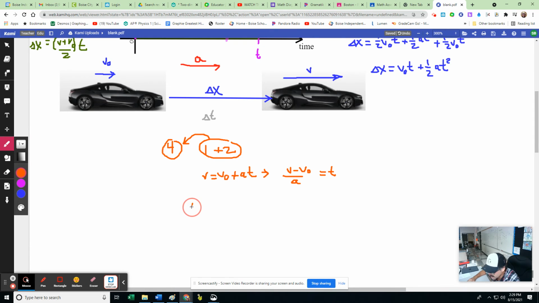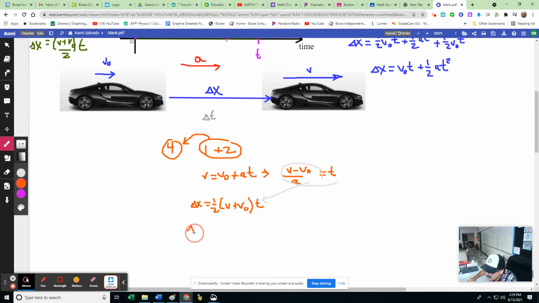So let's write equation number 2. It's delta x equals 1/2 V plus VO T. Well, we're going to go ahead and take this stuff and put it right in there.